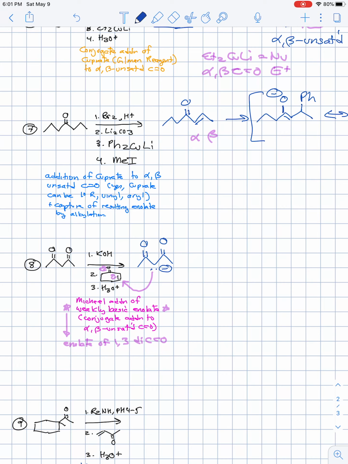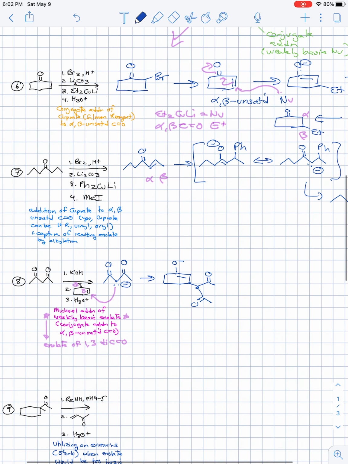So let's write this thing out. I'm going to write the initial adduct that we get. So there's our enolate, that species.